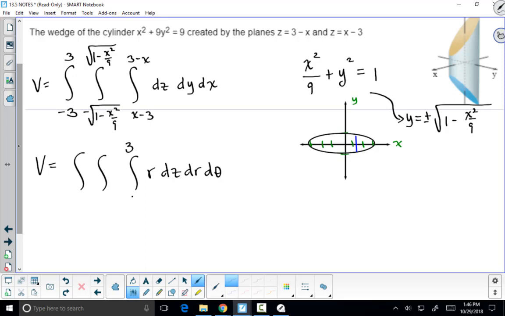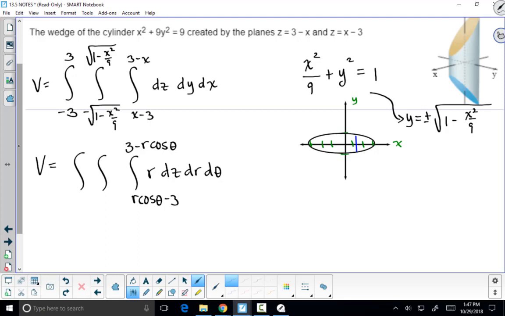A little bit, because with cylindrical we have z's, r's, and thetas. We don't have x's. What is x equal to in cylindrical? R cosine theta. Thank you. And down here we're going to have r cosine theta minus 3.